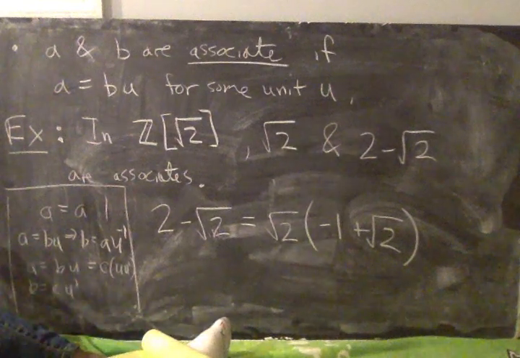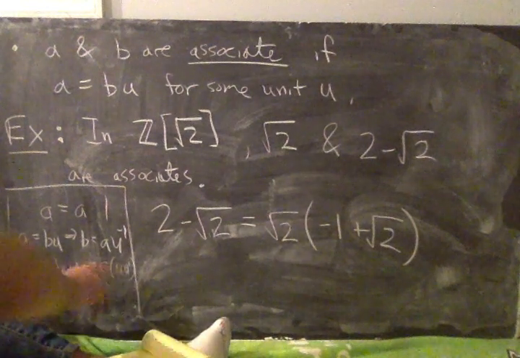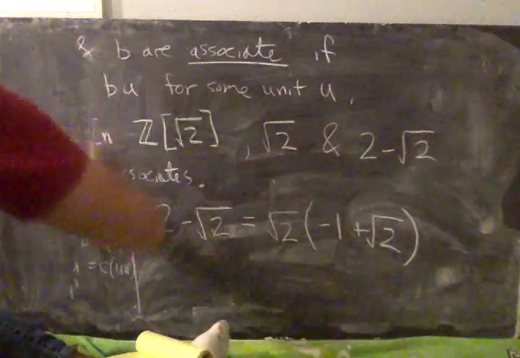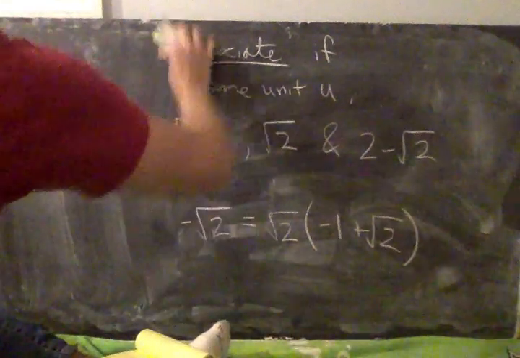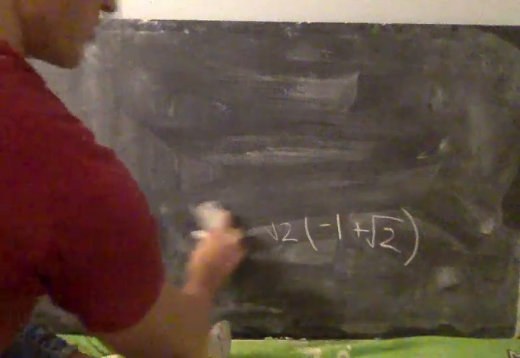So a and c are associates. So if a and b associate, b and c associate, then a and c are associate. So that's an equivalence relation. So if you have some particular unit element of your ring, you can think about the ring as broken up into equivalence classes of associates.